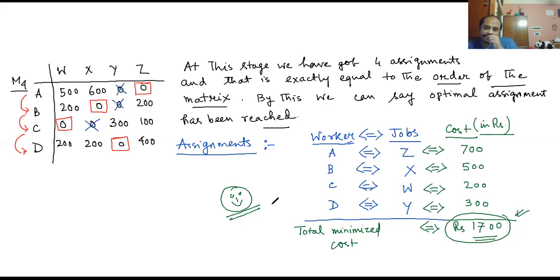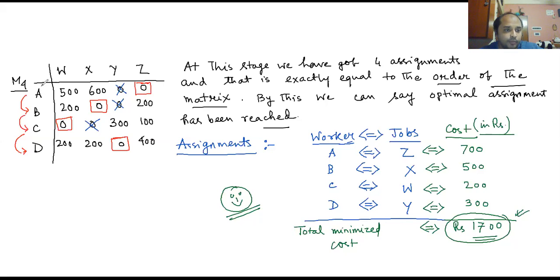So what is actually happening when I assign something? Let me talk about the assignment now. In the Hungarian method, the assignment performance is very important. If we want to compare with the transportation problem, in the transportation problem, we take items from the factories and we allot the items to a particular destination. This number of items may be any non-zero number. Here also I am doing the same thing.